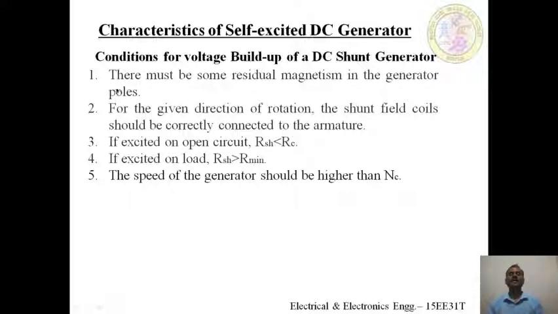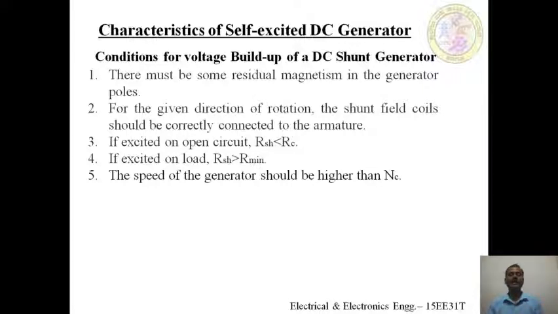Those important conditions are: there must be some residual magnetism in the generator poles. If the field pole does not have any residual magnetism, the generator will fail to build up. To build up the voltage, there must be some residual magnetism present in the field poles. Second, for the given direction of rotation, the shunt field coil should be correctly connected to the armature. This is very important.